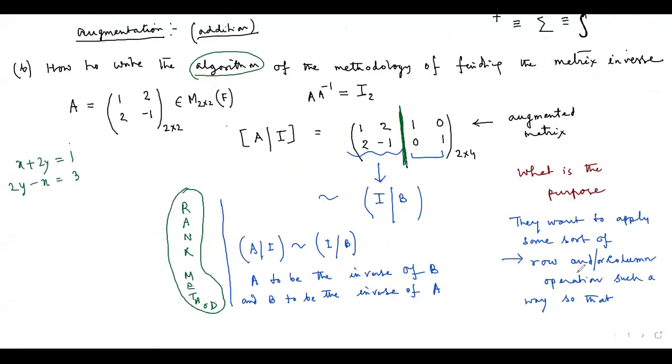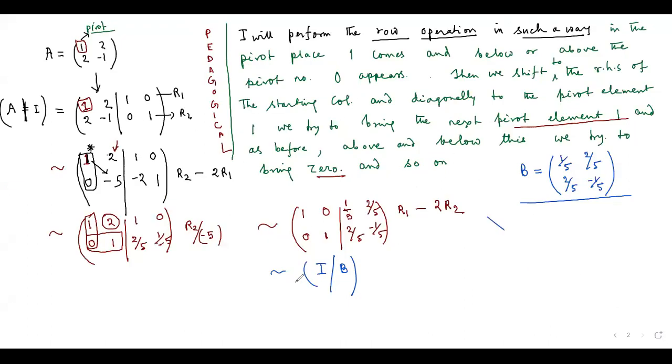So the student was very keen to know what sort of row operation we actually perform. This is a very brief discussion by which I am trying to say that this is the thing you can do to get the matrix.